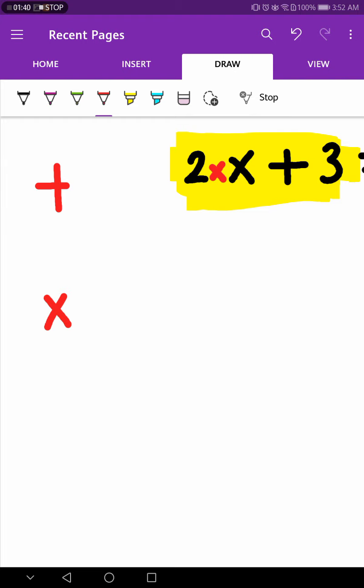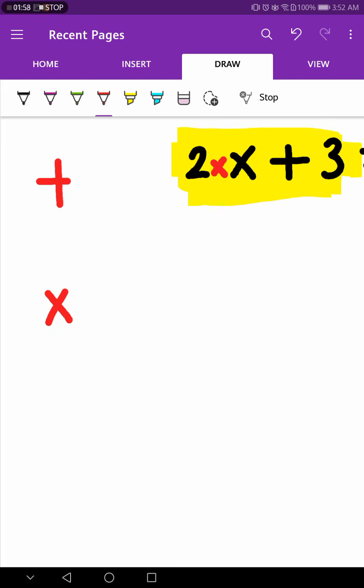But teacher, in this example we have two operations. Which one do I start with? Every time, you have to start with the plus or minus before the multiplication and division to solve any equation. So teacher, I have to start from here.